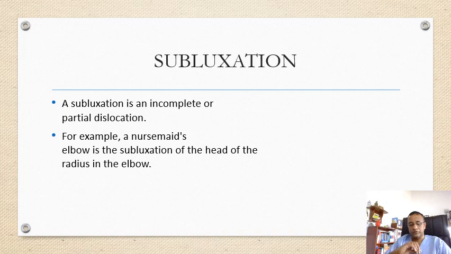So the distal part is out of the joint, but not completely, and there might not be any damage to the surrounding joint capsule or ligaments. Subluxation is an incomplete or partial dislocation. So once you get a patient, you should appreciate whether it's a dislocation or subluxation.